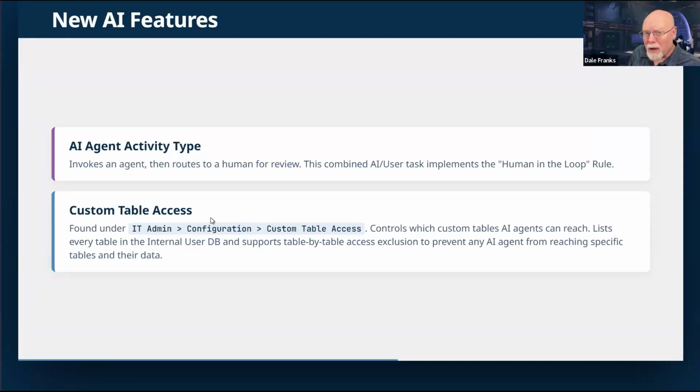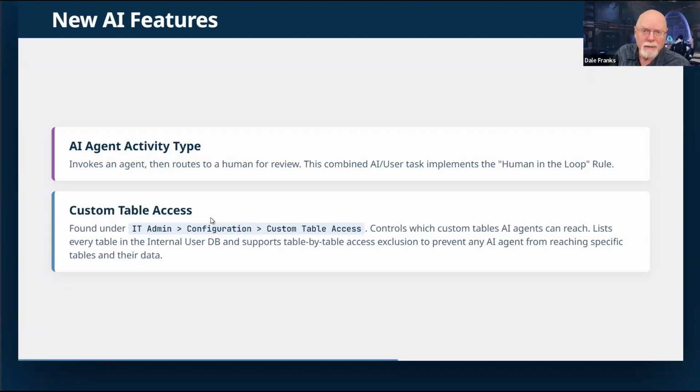There's also another security setting that we've had to add to the IT admin area for custom table access. Almost all of you, I would assume, have multiple tables that you have created in the internal user database by importing, in most cases, Excel files.